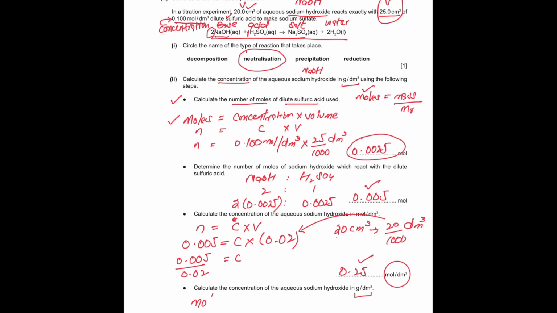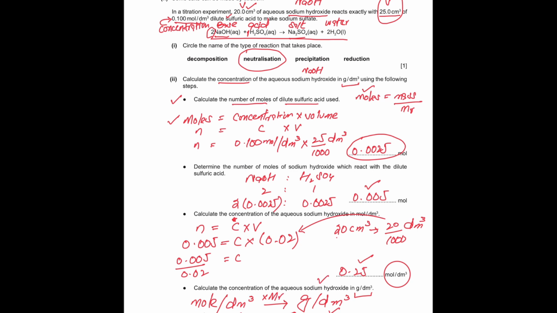So we have to convert mole per decimeter cube into gram per decimeter cube. For converting mole to gram, the decimeter is the same, we just convert the mole into gram, by multiplying with the molecular mass of that substance.